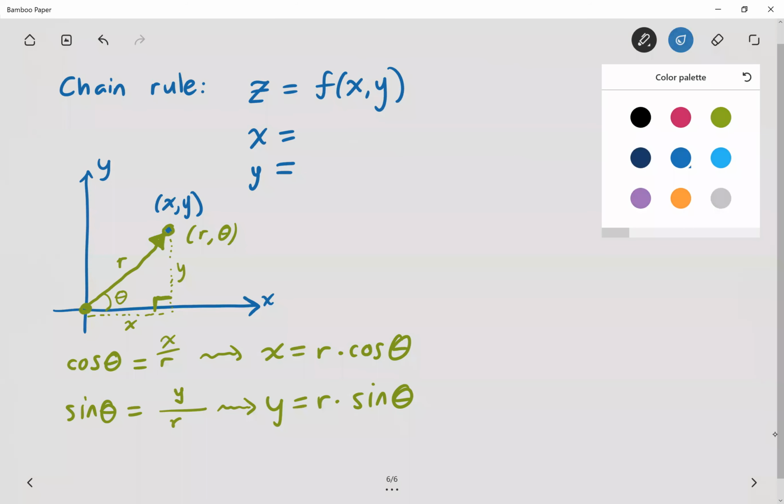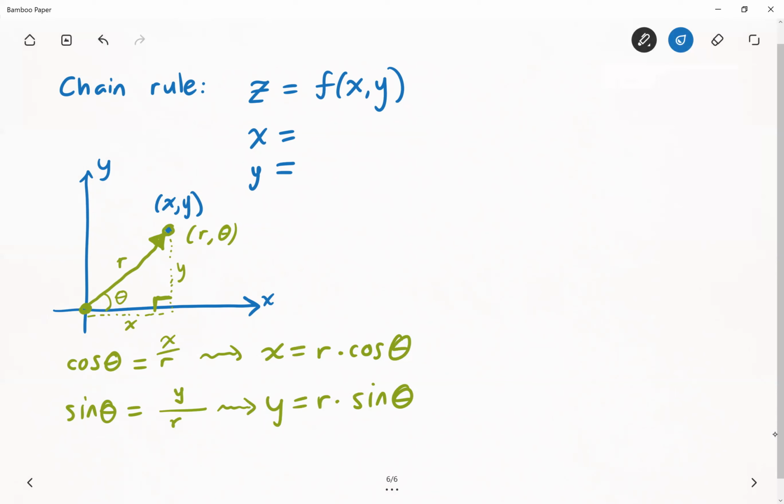Going back to our formulas up here, right, so we have z as a function of x and y. You can think of x and y as being specified in terms of some radius, some distance from the origin, and some angle theta, some angle around the origin. And so you might ask yourself the following question.